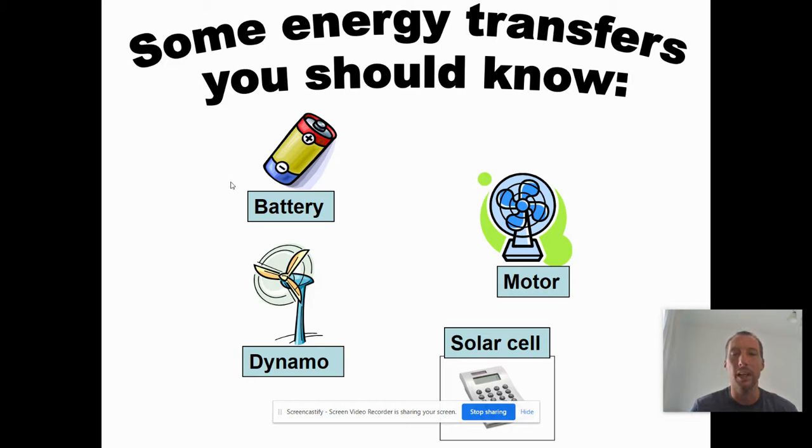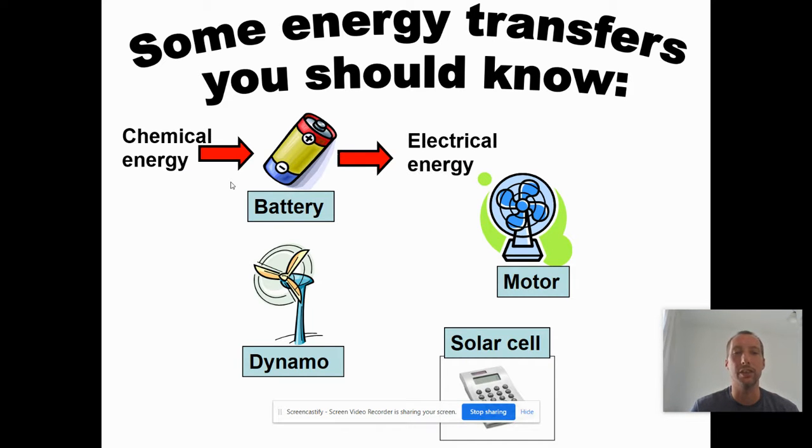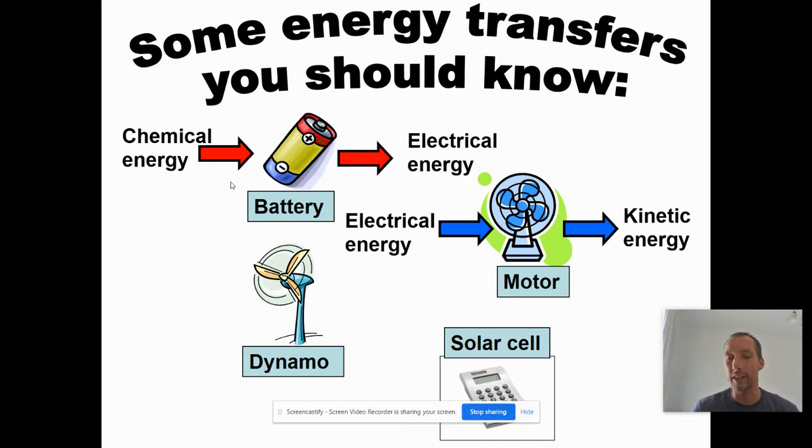So, some common energy transfers that you should be aware of: batteries turn chemical energy into electrical energy. I'm just showing the useful energy here. There's always going to be waste of some kind. In a battery, it's going to be heat. We've got a motor, like an electrical fan. So it runs on electrical energy and it turns it into kinetic as it spins around. In this case, the wasted energies would probably be sound and heat.